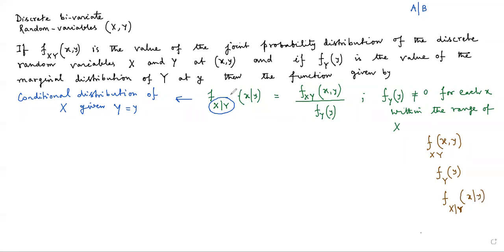So this is the definition of conditional probability distribution of the joint random variable capital X and capital Y, and I'm considering the discrete case only here. The definition will remain the same for the continuous case also. In the continuous case, the definition will not change. What will change is the way of doing the calculation.